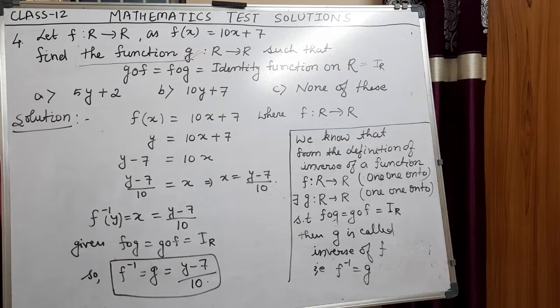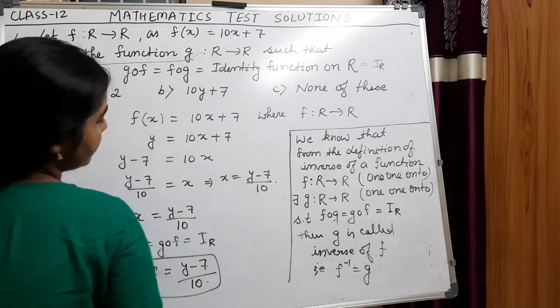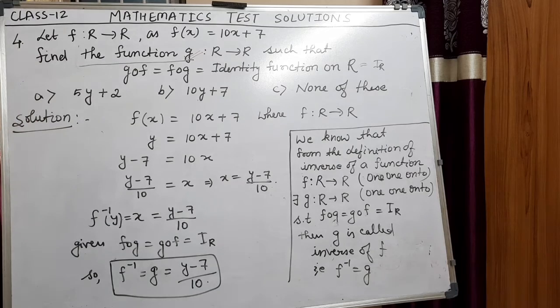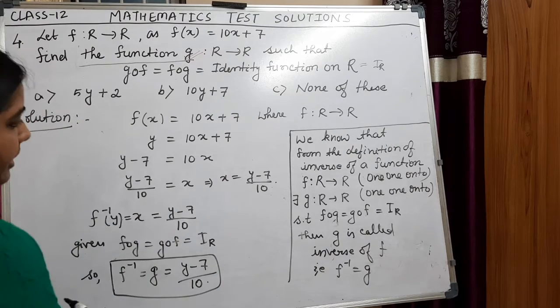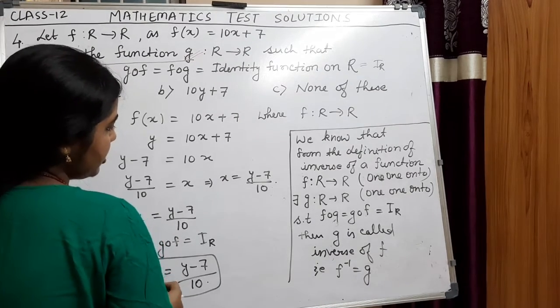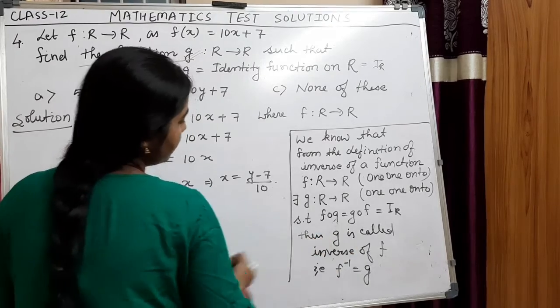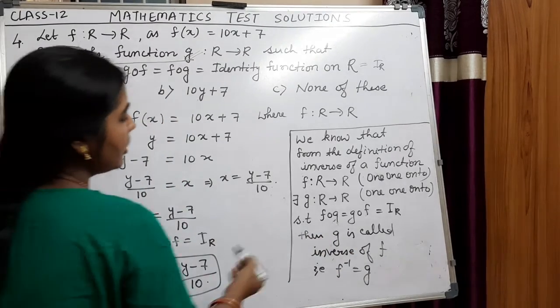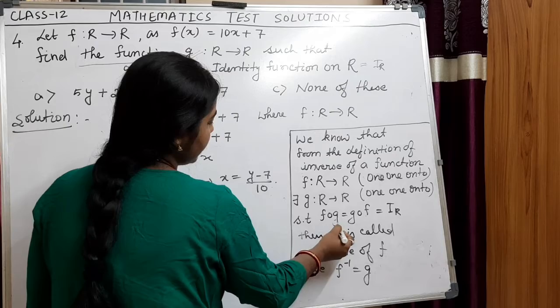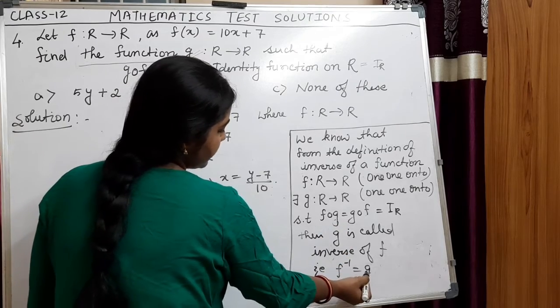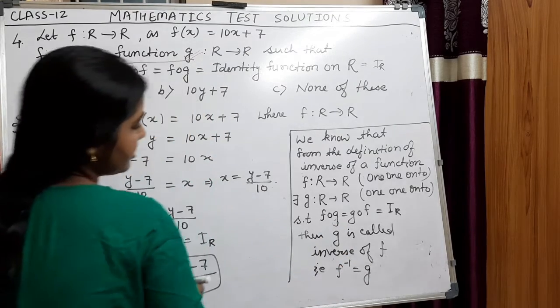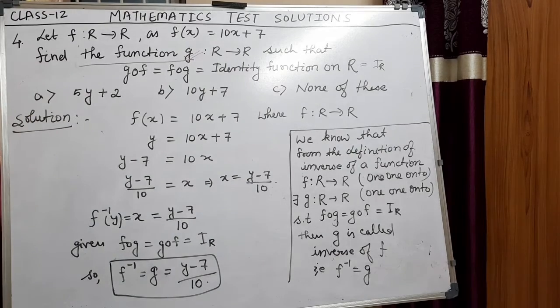We know the definition of the inverse of a function, that when f from R to R is one-one and onto, there exists g from R to R that is also one-one and onto, such that f∘g = g∘f = I_R. So we can write that this g is called the inverse of f, f inverse equals g. So we have to use this definition.